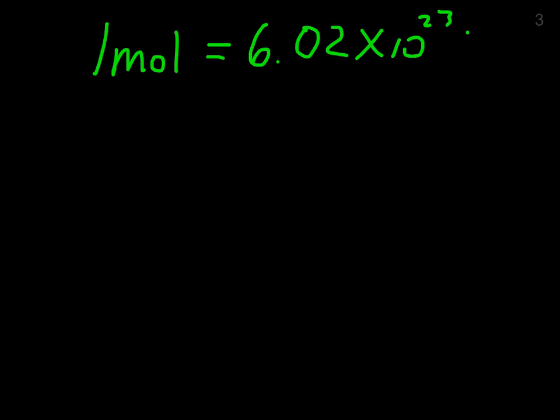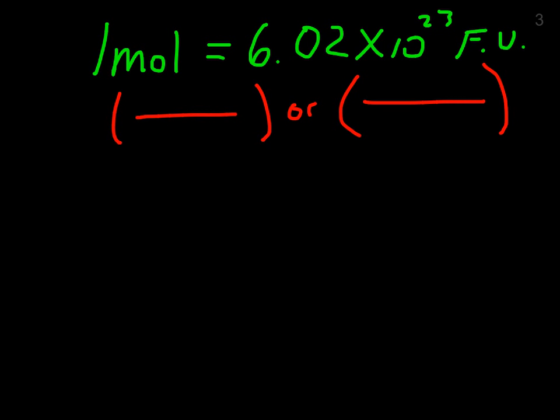Well, in this case, it's going to be formula units because I happen to be talking about calcium phosphate. All right? Now, like with every equality, you can form two conversion factors. And I'll write these out just so you can kind of see what I'm doing.